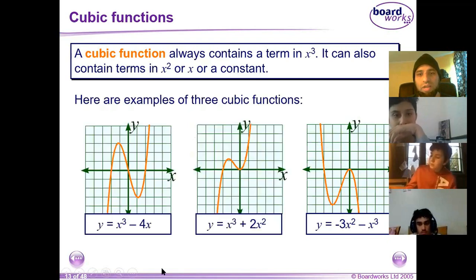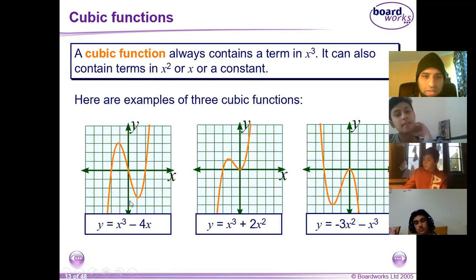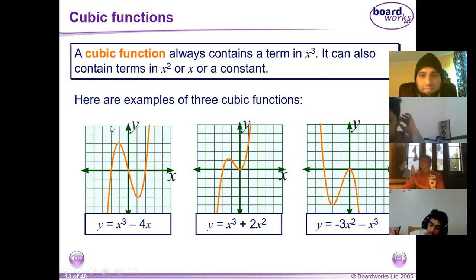So look at these examples of cubic functions. Always looks like an S. They're called cubic because they all have an x cubed term in them, as you can see. All right. So we know that. Those are important things to know. These are the ingredients of graphs, part 2, which we're doing now.